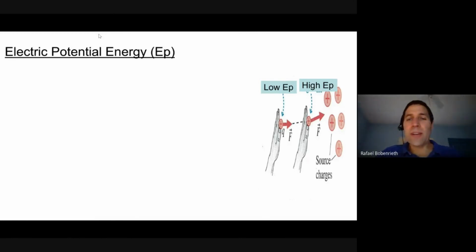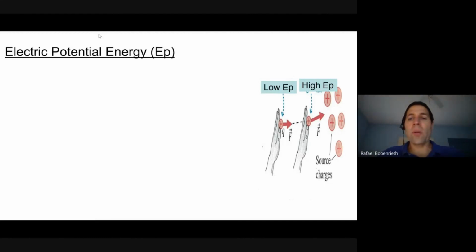All right, so if you look here on the next slide, you can see the same drawing that I had last time, but I just added the fact that there's low potential energy for that positive test charge at the start of this process, and at the end, it has a higher potential energy.